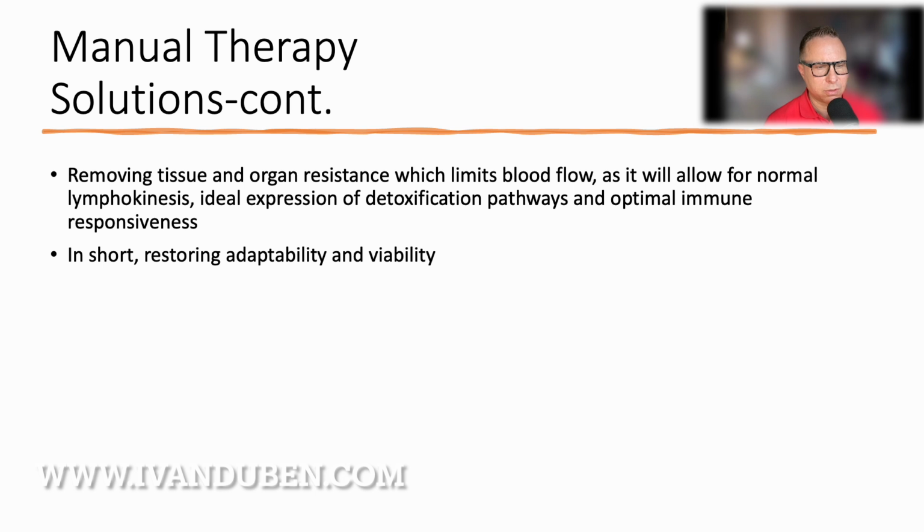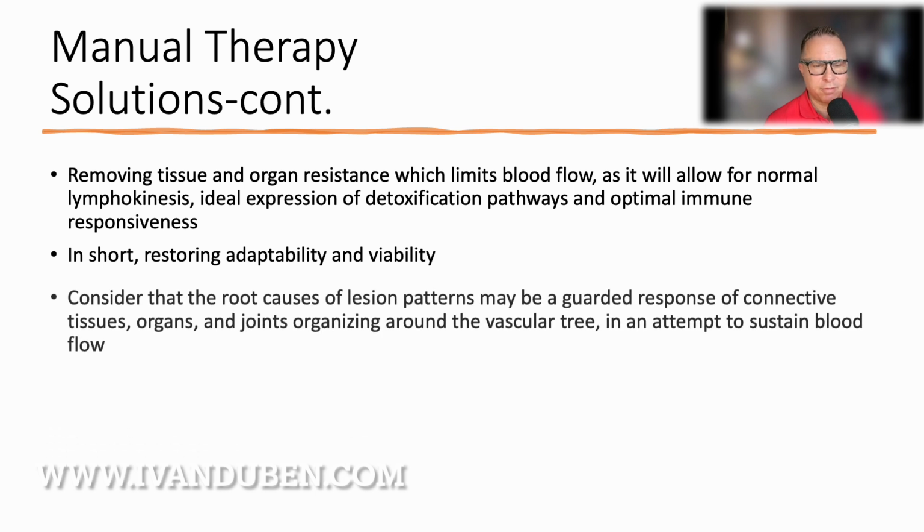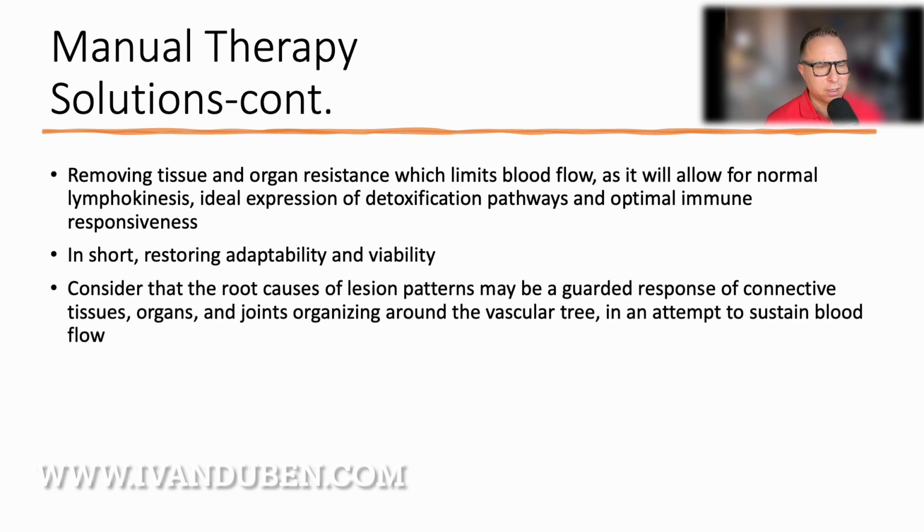In short, restoring adaptability and viability. Consider that the root cause of osteopathic lesion patterns may be a guarded response of connective tissues, organs, and joints organizing around the vascular tree in an attempt to sustain blood flow.